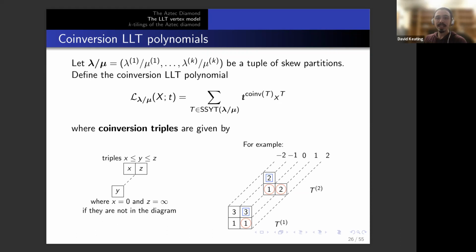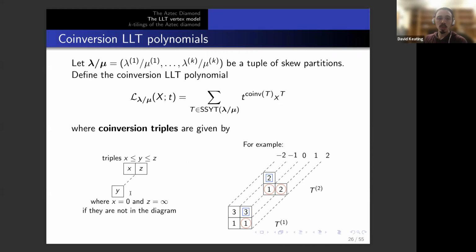And then we're going to have a t to the number of coinversions, where coinversions measure the number of triples of this form. So we're going to draw all our skew diagrams, in this case neither of them are skew, but that's okay, along content lines. So they're aligned along content lines.